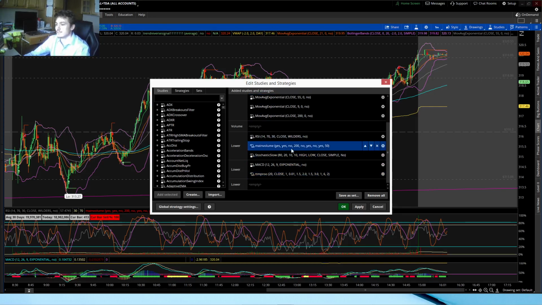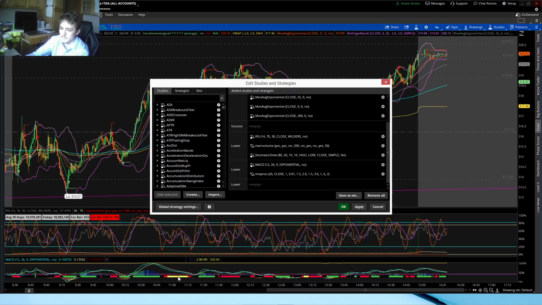I like doing that. And then I have my TTM squeeze, and this is actually called a pro squeeze. It tells you when something's pre-squeezing and if something's doing a bigger squeeze than normal. So you want to look for the yellow.